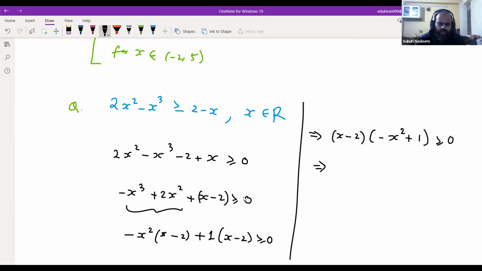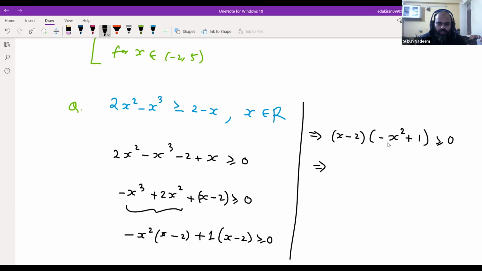Nothing is there, so we can take 1 multiplied to it. Okay, can we move on?